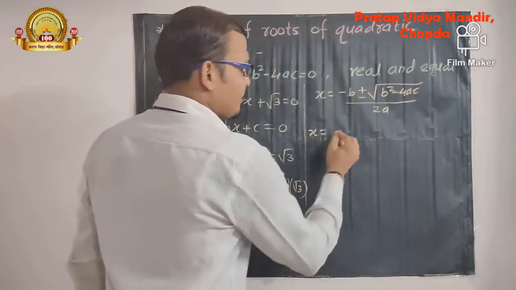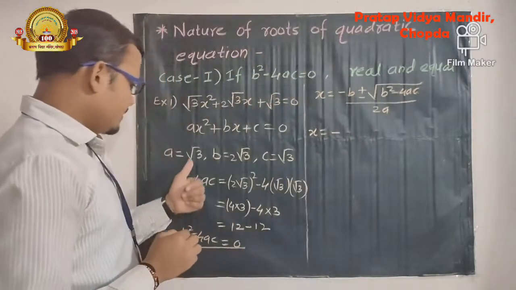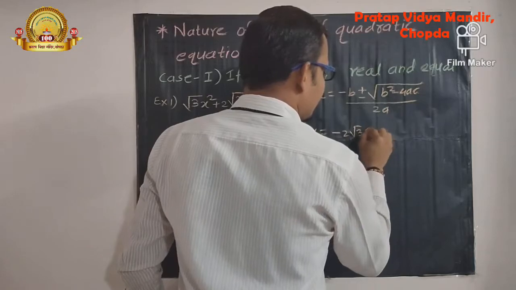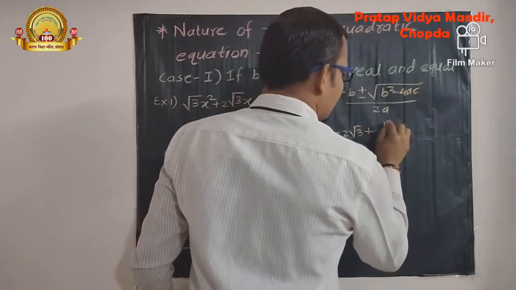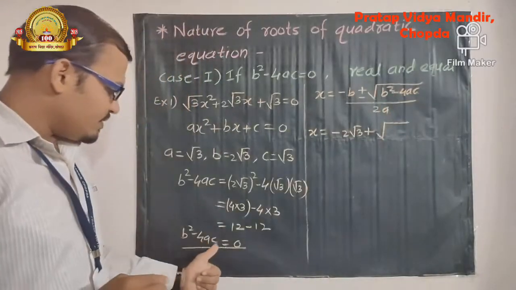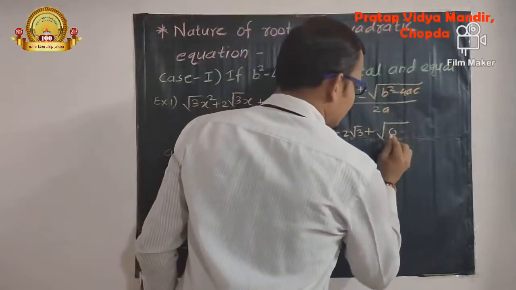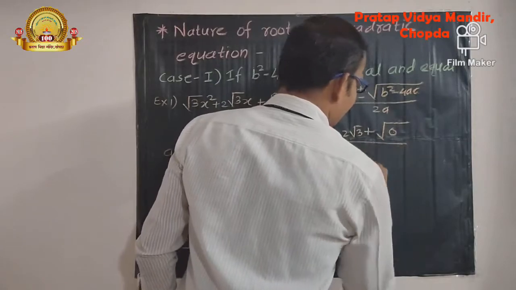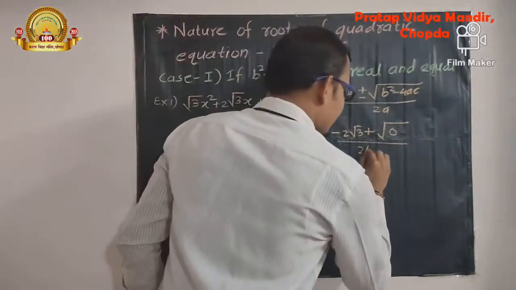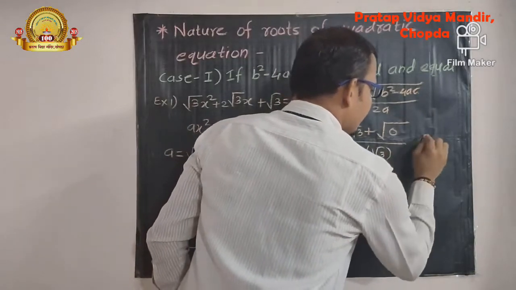The two roots are, first, minus b. What is the value of b? 2 root 3, plus under root, what is the value of b square minus 4ac? It is 0, upon 2a. What is the value of a? Root 3.